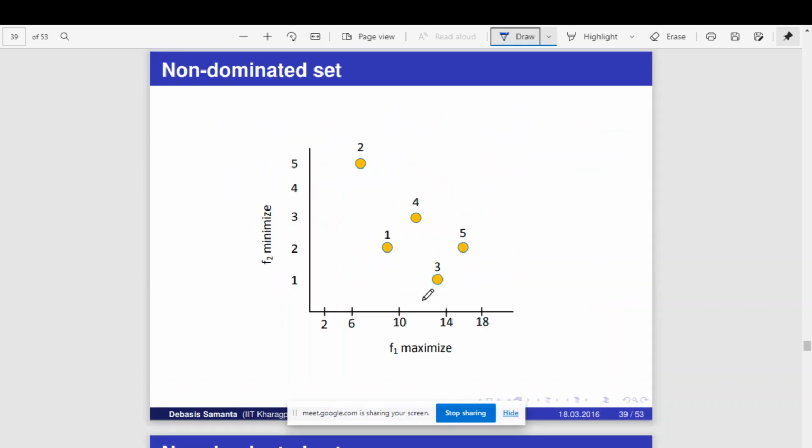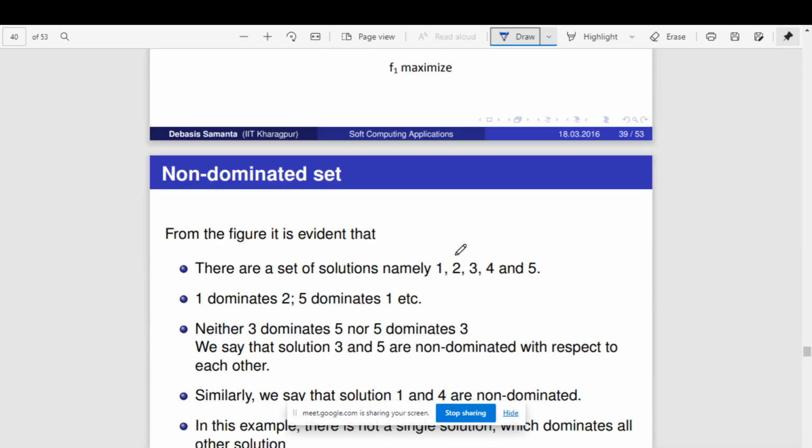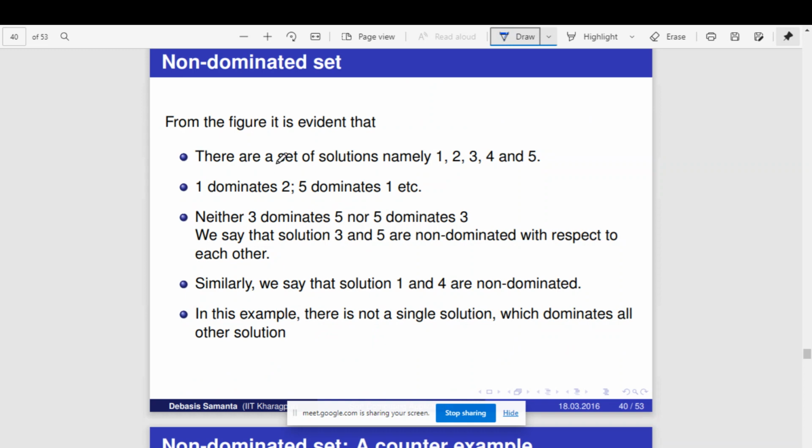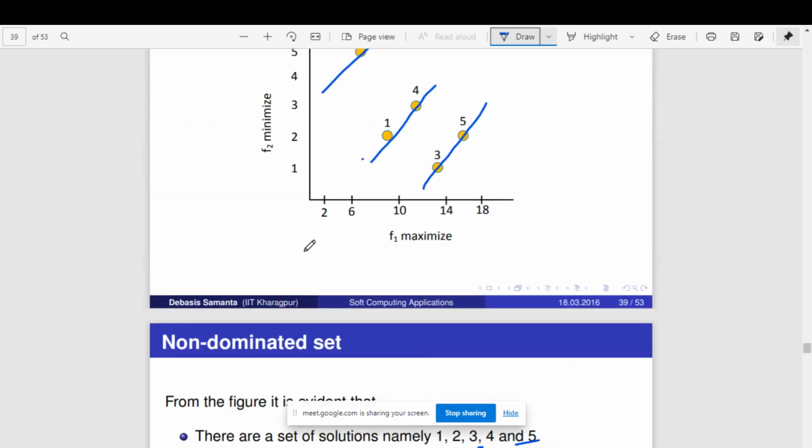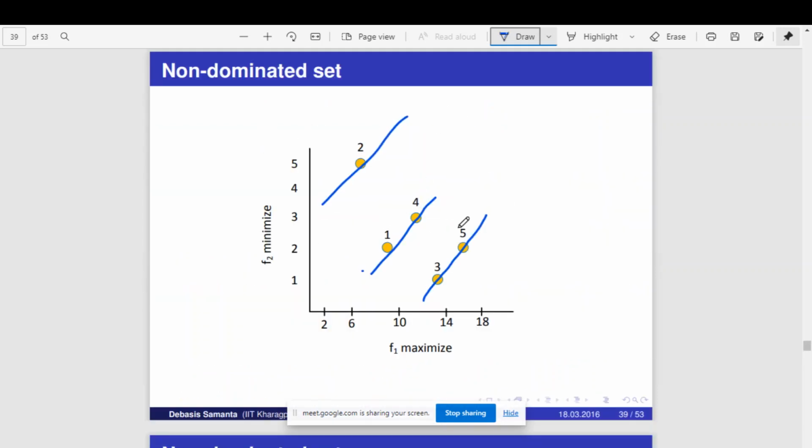So here you can say this is one Pareto optimal front, this is one Pareto optimal front, this is one Pareto optimal front. The solutions lying on these fronts are called non-dominating solutions. From the above figure it is evident that there is a set of solutions 1, 2, 3, 4, 5. 1 dominates 2 and 5 dominates 1, because this is towards the right and this is towards the down.